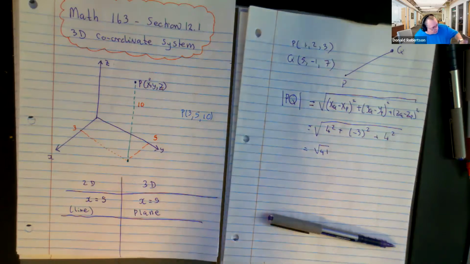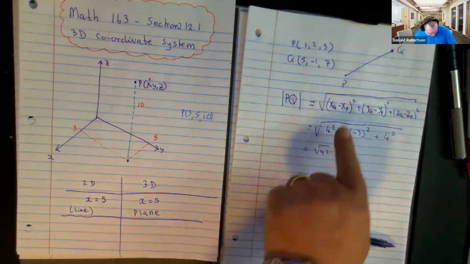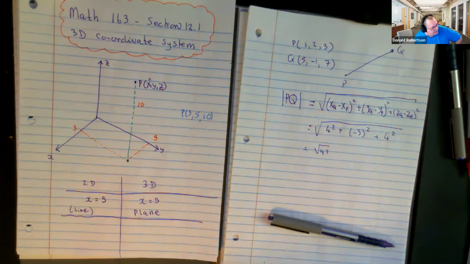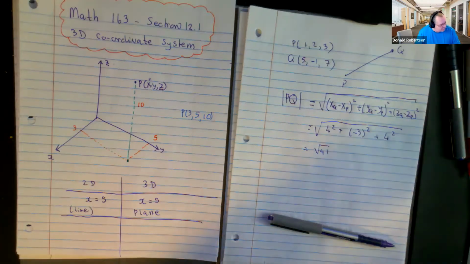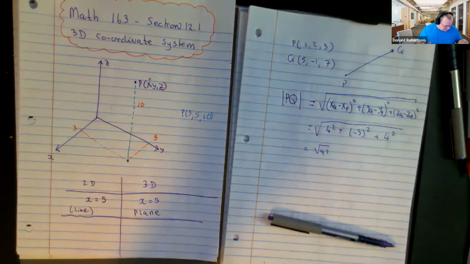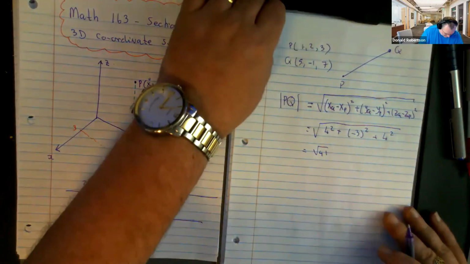You'd have 4 coordinates, X, Y, Z, T. Wouldn't it be that one, that one, that one, and one more? Theoretically, couldn't you find the distance between 2 points in 11-dimensional space? There's no limit anymore. And the fact that the formula is consistent is very nice to mathematicians. Wouldn't it be horrible if every time you added a dimension, it was a totally different formula? That would not be so pleasant.